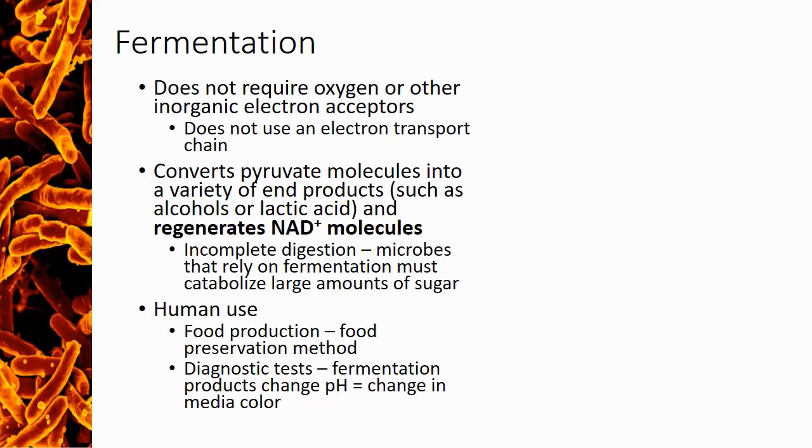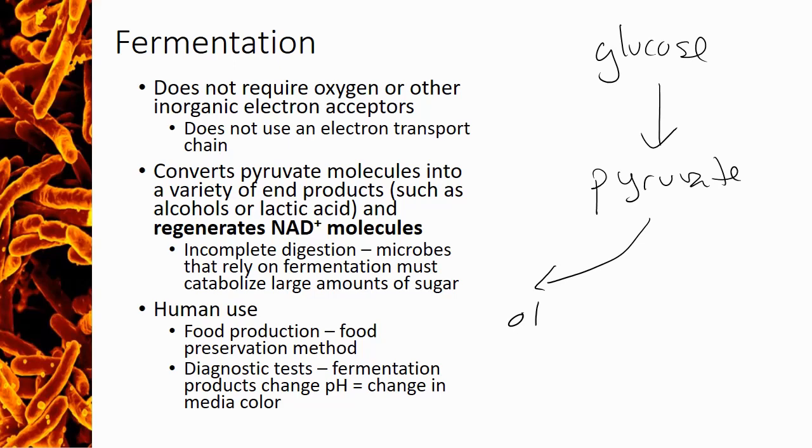First, we'll look at the fermentation branch, because that's the shorter of the 2 options. Fermentation does not require oxygen or any other inorganic electron acceptors that may be powering an electron transport chain. Instead, it's going to take the pyruvate that had been produced from glucose and convert it into some other product.